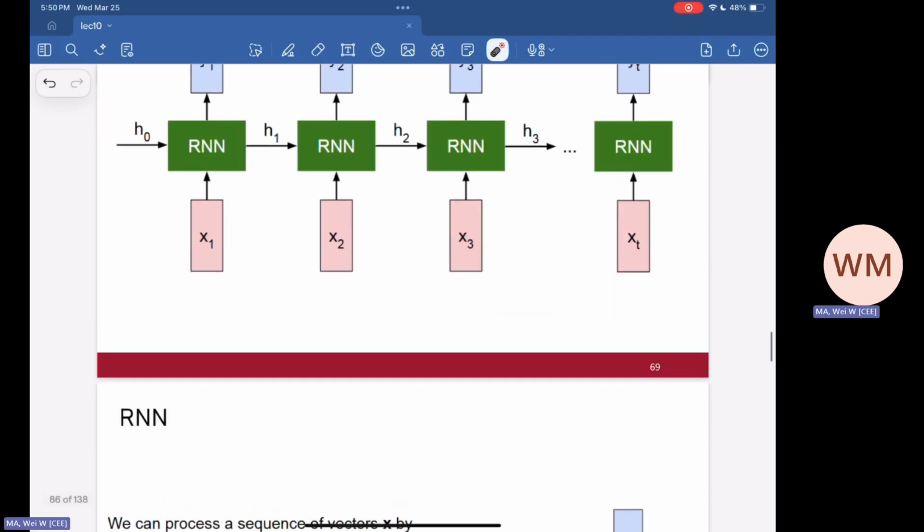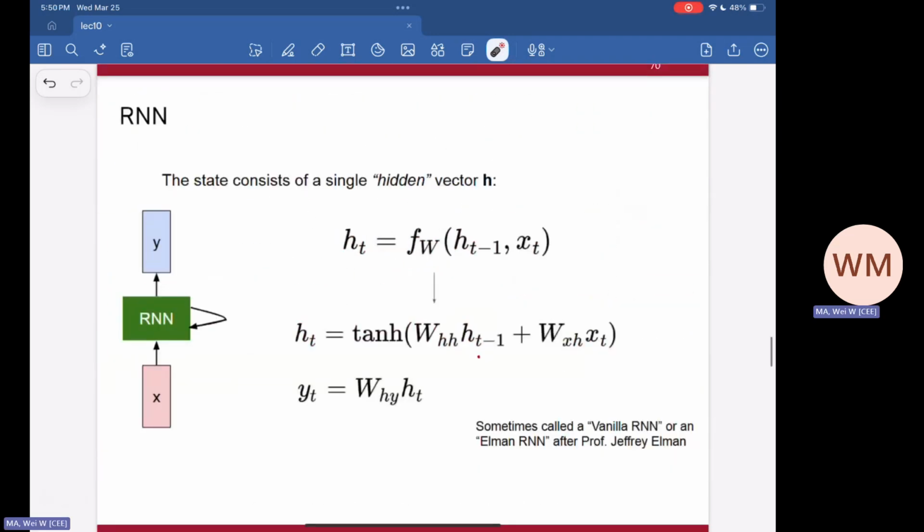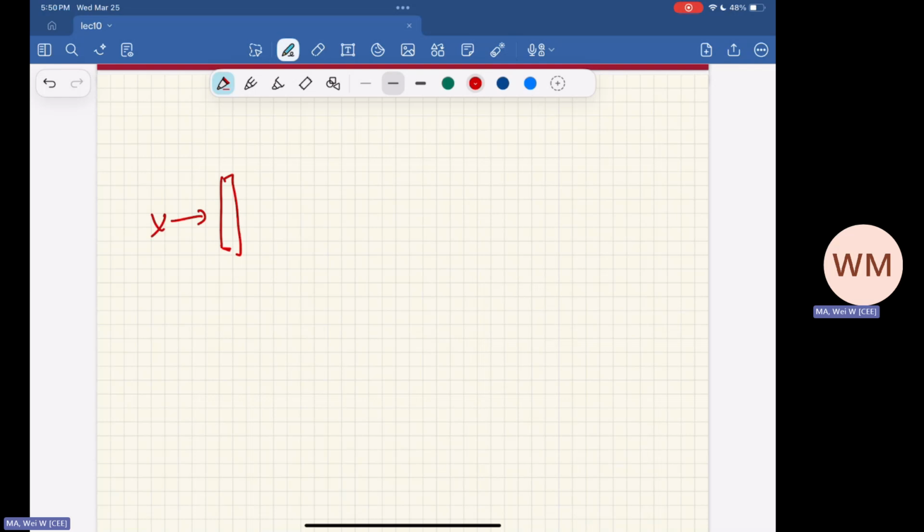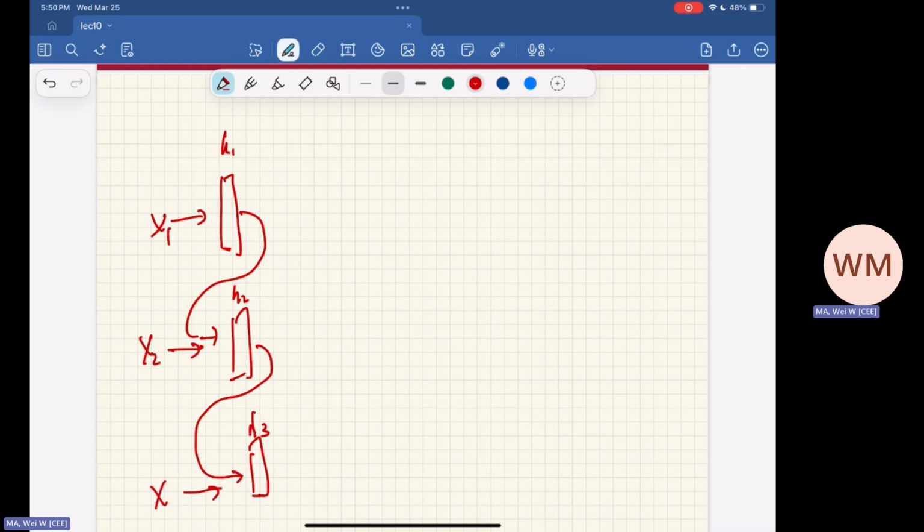Okay, if you don't understand this, I'll draw the original one. So this is X, this is H1, right? H1 goes to H2, H2 goes to H3. And also we have X1, X2, X3. H1 gives you Y1, H2 gives you Y2, H3 gives you Y3. So this is nothing different from an MLP, right?